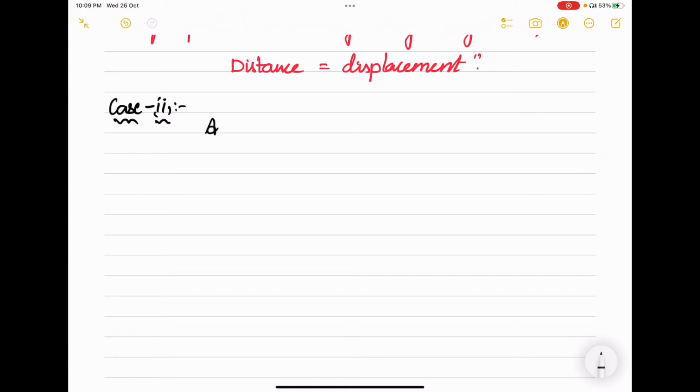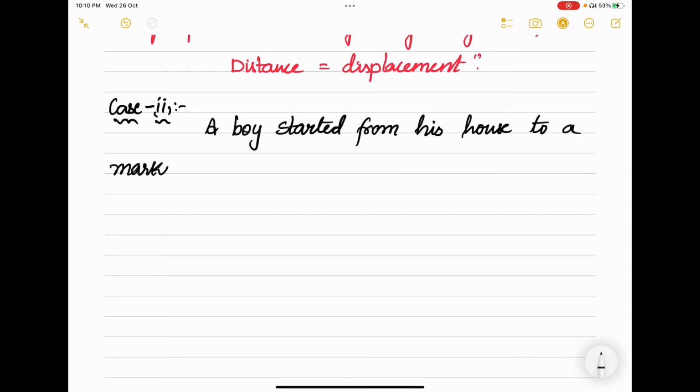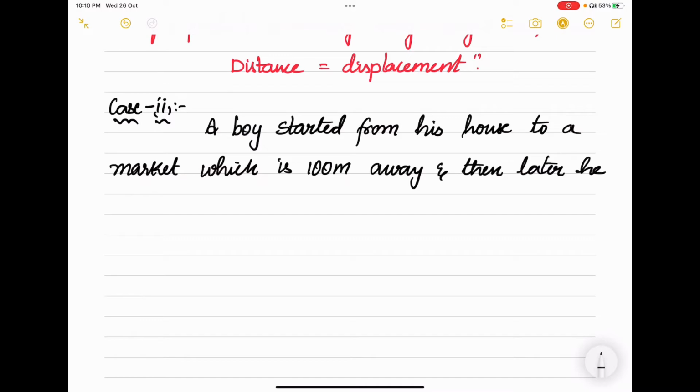A boy started from his house to a market which is 100 meter away, and then later he returned back to house.